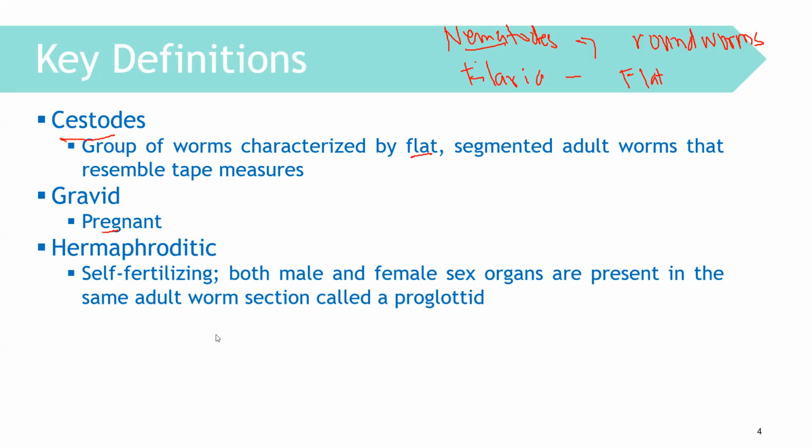One of the other factors that differentiate cestodes from nematodes is that they are hermaphroditic, which means they are capable of self-reproduction, self-fertilizing. It means that both male and female sex organs are present in an adult tapeworm.